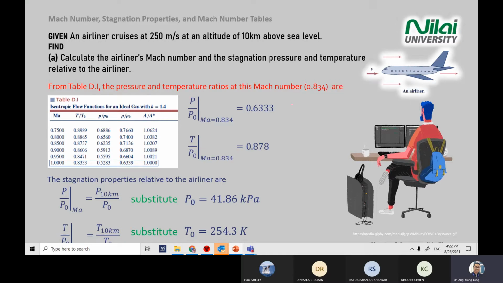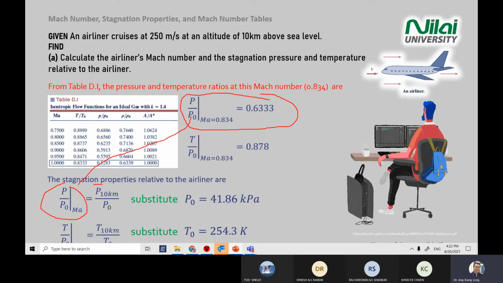Basically you have this number on the left hand side. At 10 kilometer altitude, you just substitute over here. You have the pressure at 10 kilometers. How do you get this number?